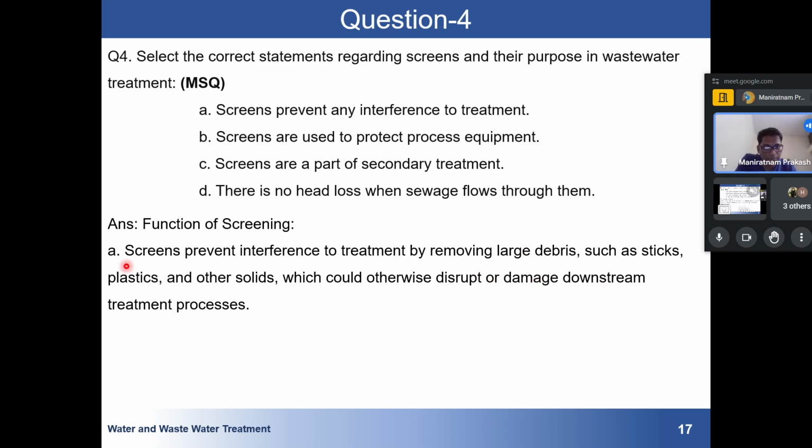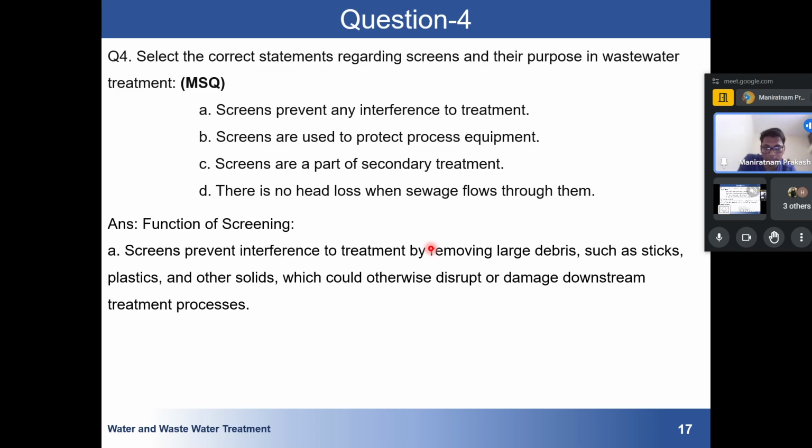There is a baffle type of system that keeps rotating and circulating on a chain. You can search on YouTube for a video of a screening chamber.